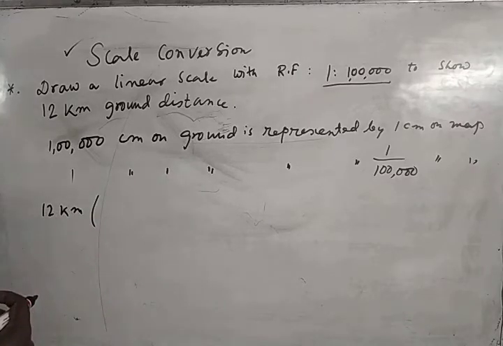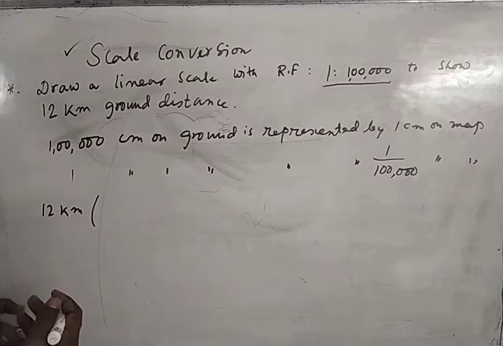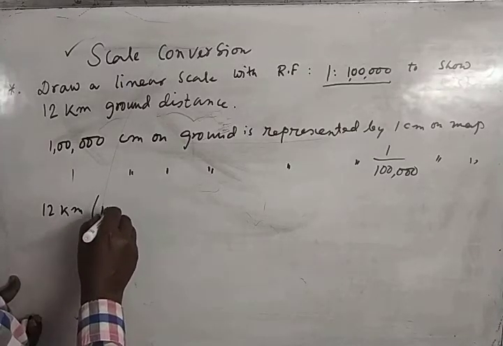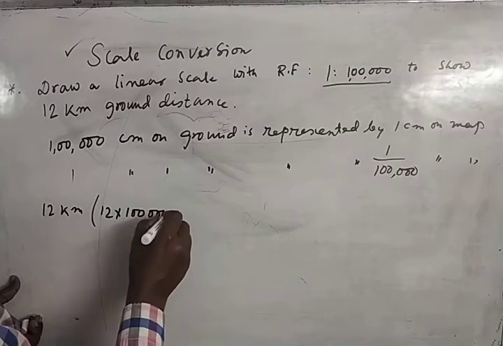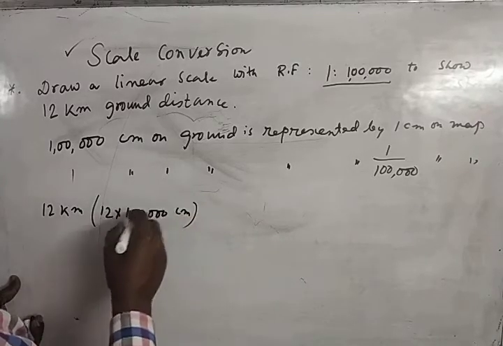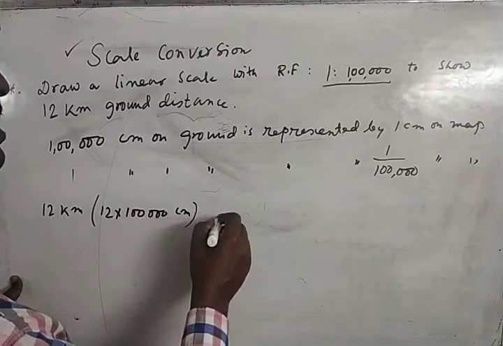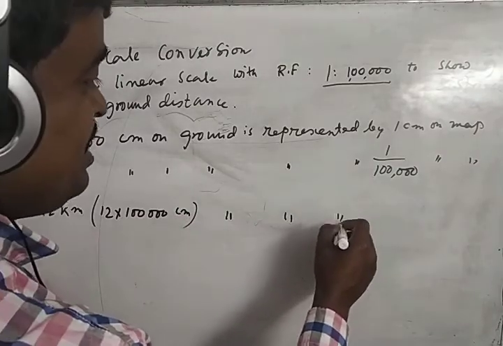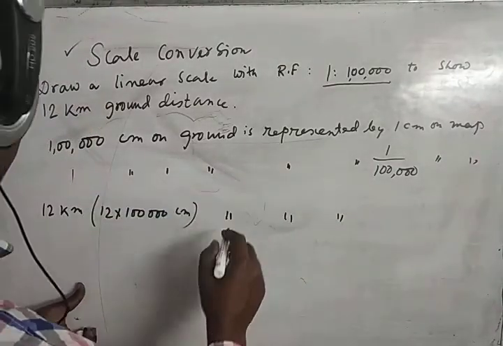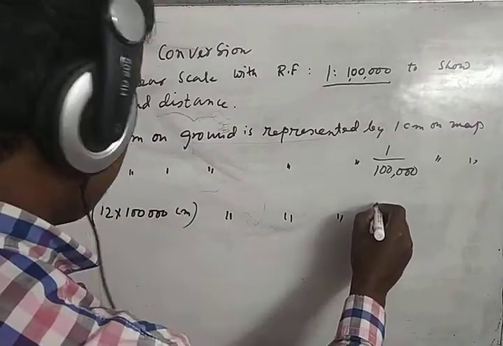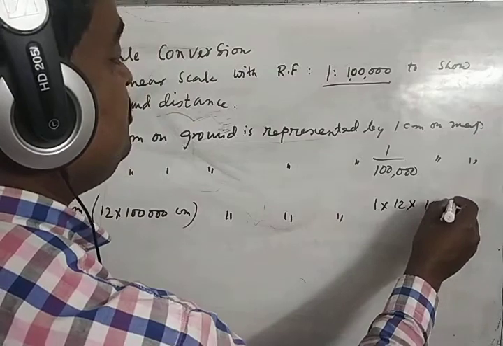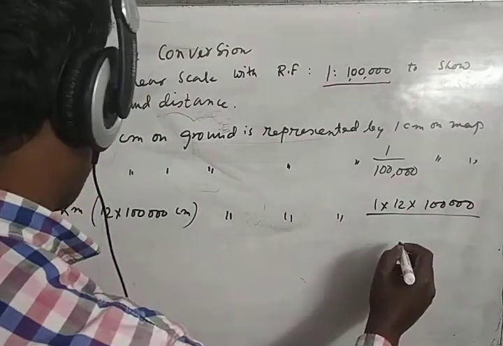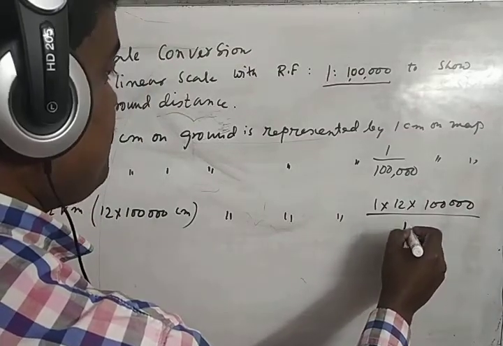So how to convert kilometer to centimeter? 1 kilometer is equal to 1 lakh centimeter. So 12 into 1 lakh, then it will be in centimeter. So 12 into 1 lakh centimeter on ground is represented by 1 into 12 into 1 lakh divided by 1 lakh.